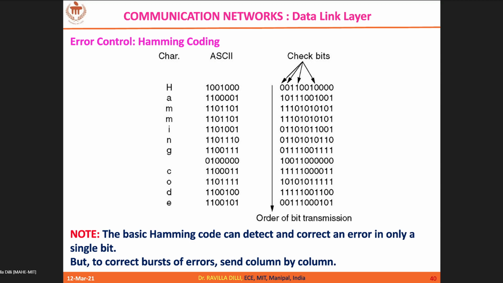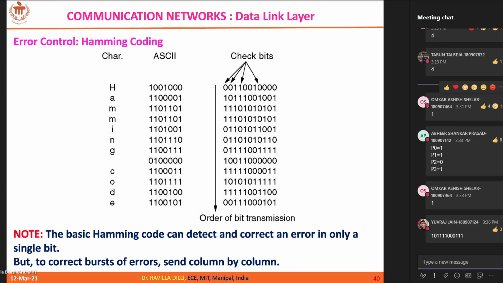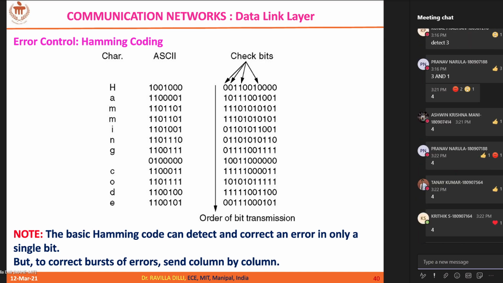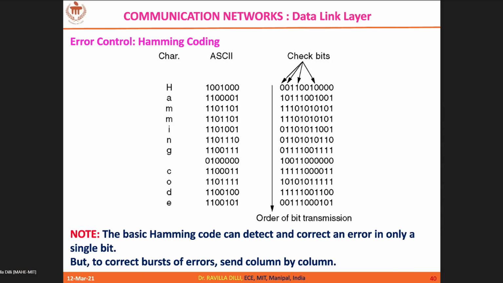What you can also do is this coding horizontally as well as vertically, a two-dimensional way of doing it. So far we have done it horizontally, in a single dimension: you get some bits, generate R bits and append them at powers of 2. The same thing I can do vertically also, so you can see that is also possible.